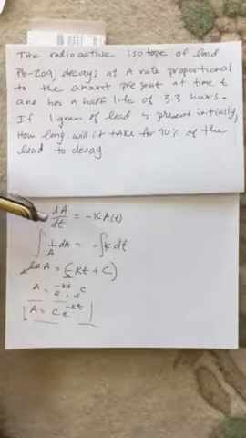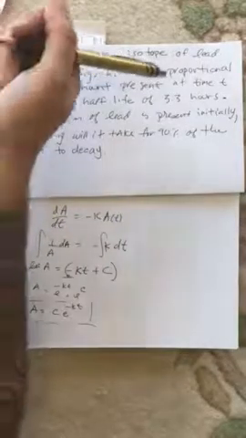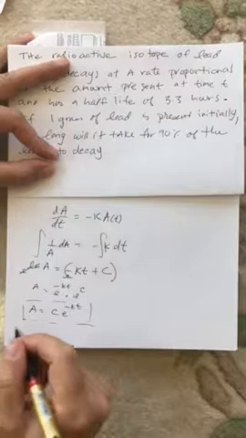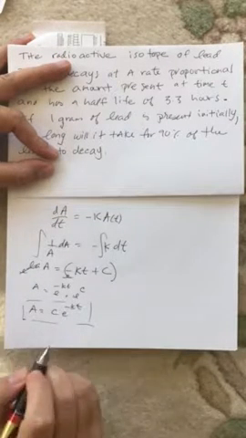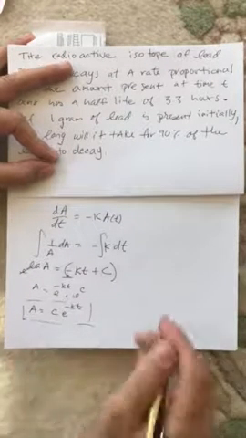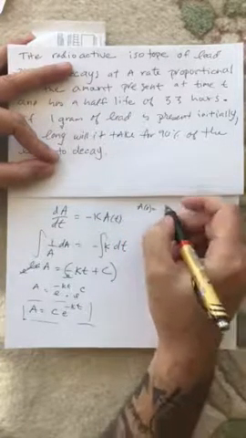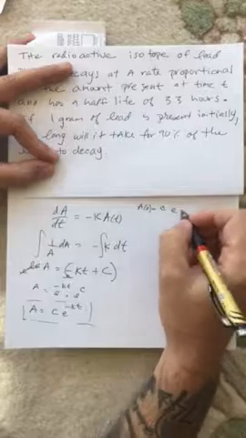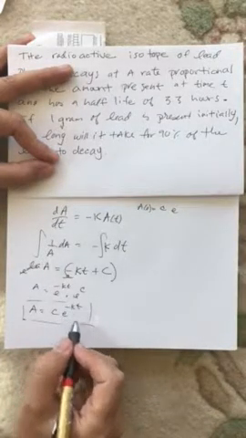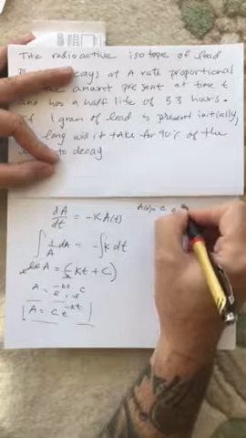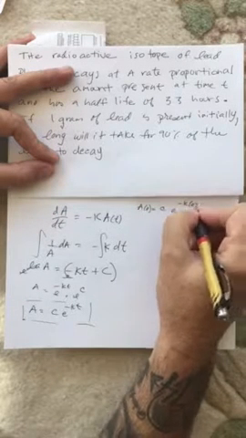We were able to set this differential equation up by what it says right here in the beginning. Once you set this up, take t at 0, and that's going to give you your C. So A at 0 is equal to C times e to the negative k times 0.